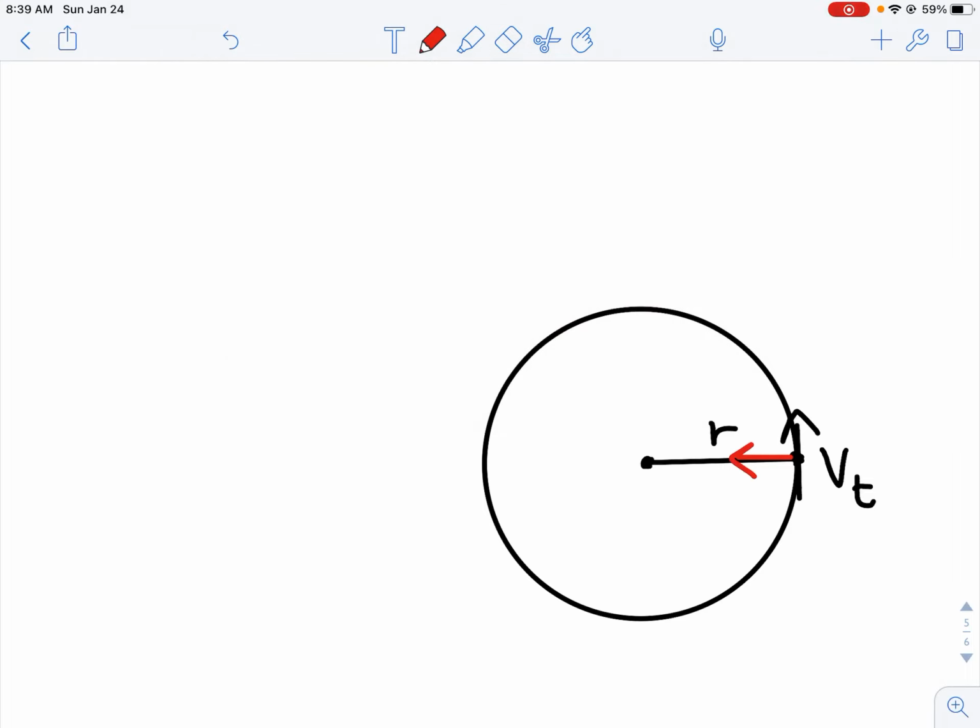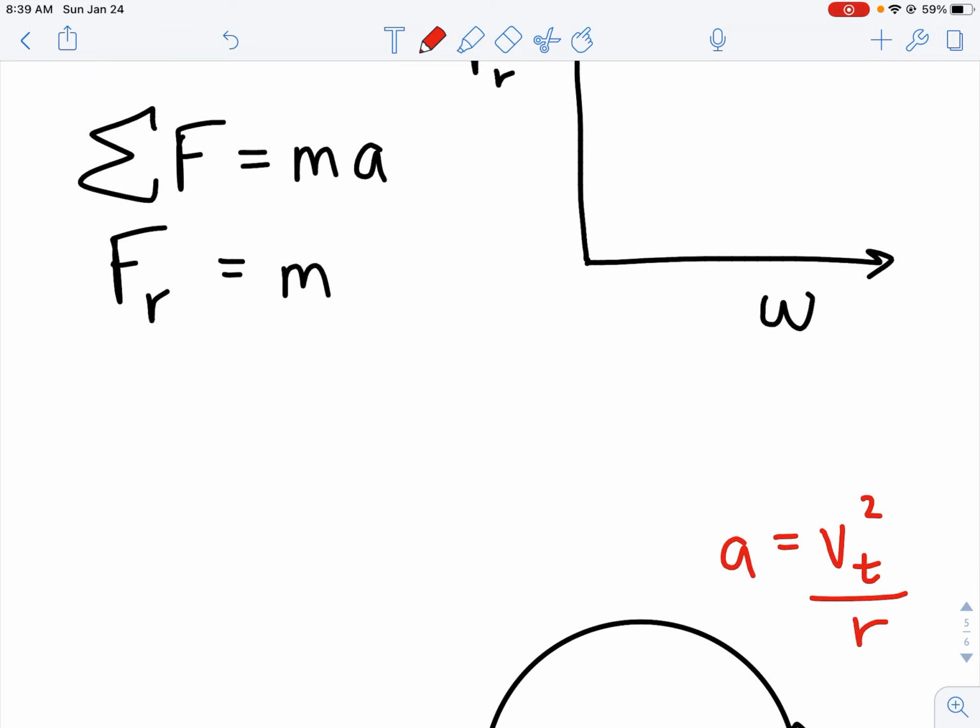All right, that is the direction of acceleration. The value of the acceleration is the tangential velocity squared divided by the radius. So we can actually substitute into this part of the equation. We can say v squared over r.